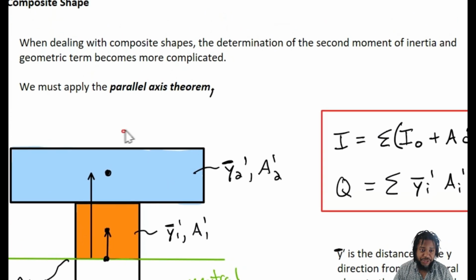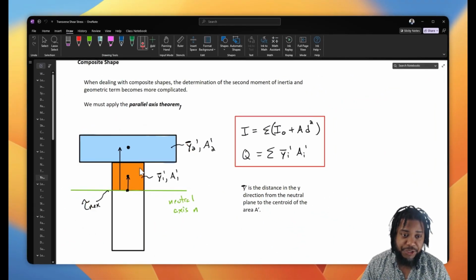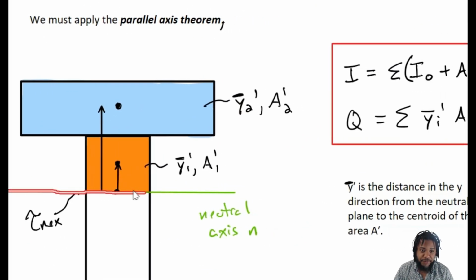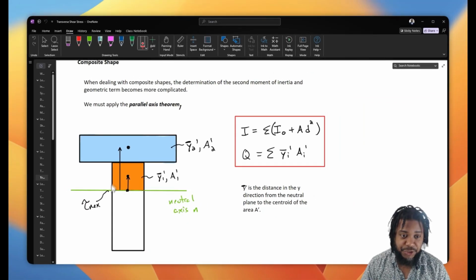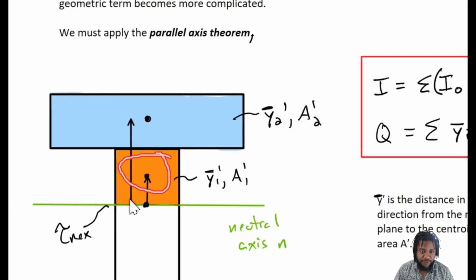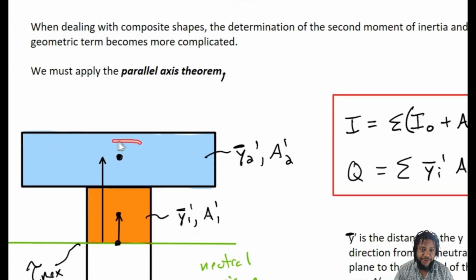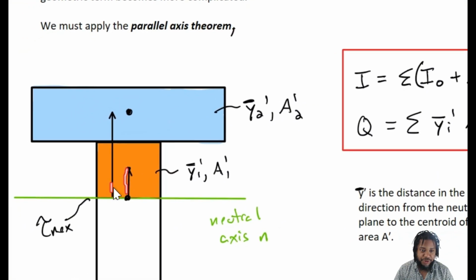So for example, say we have a T-beam and we want to find the Q value. We want to find the maximum transverse shear stress, which is at the centroid of the overall T-beam. Well, then we have an area from this member, and we have an area from the second member, and each of them have their own centroids.